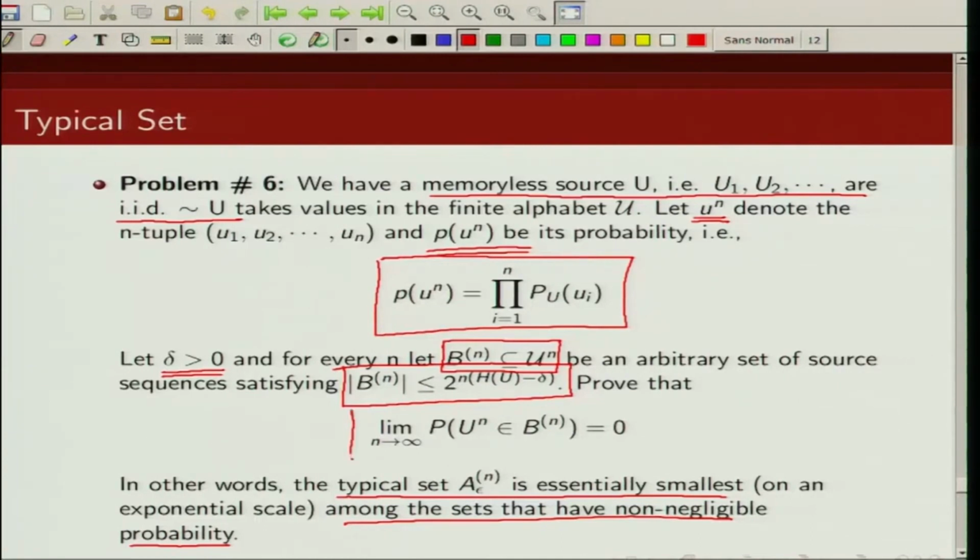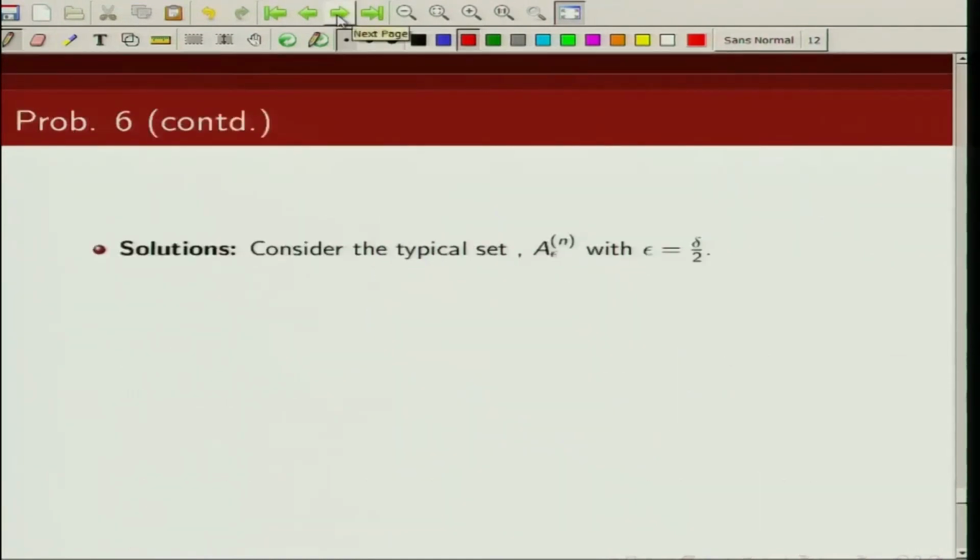Then we want to show that as n tends to infinity, the probability that u^n is in B_n goes to 0, which essentially will show that the typical set is the smallest set which will have non-negligible probability of occurrence when n goes to infinity. So let us prove this.